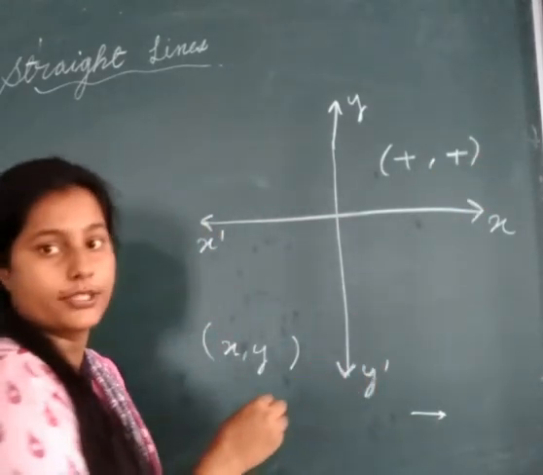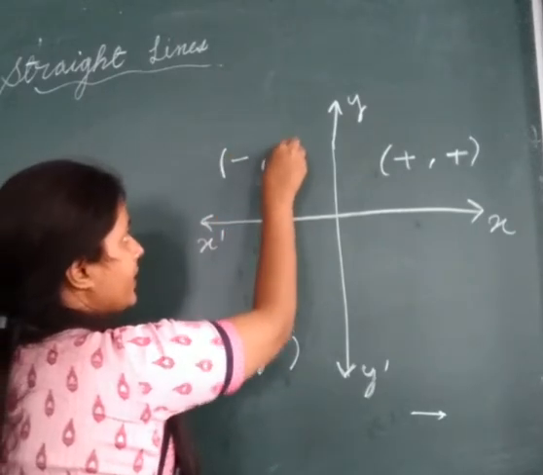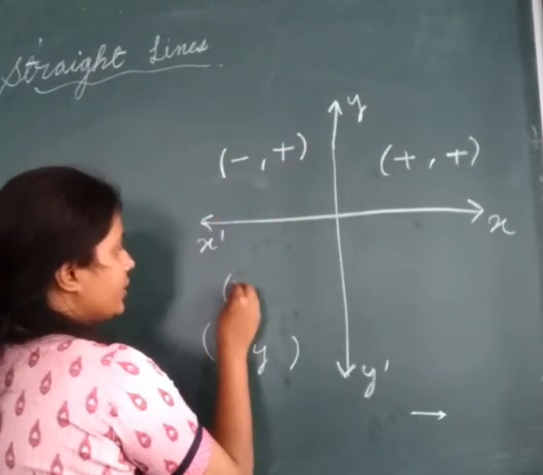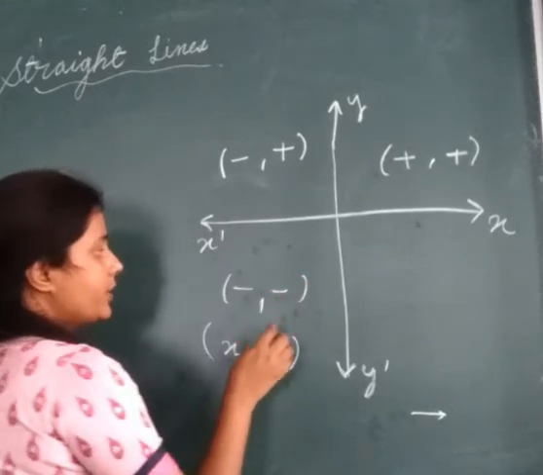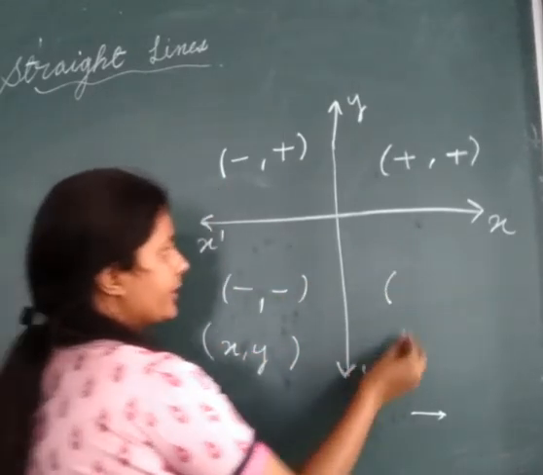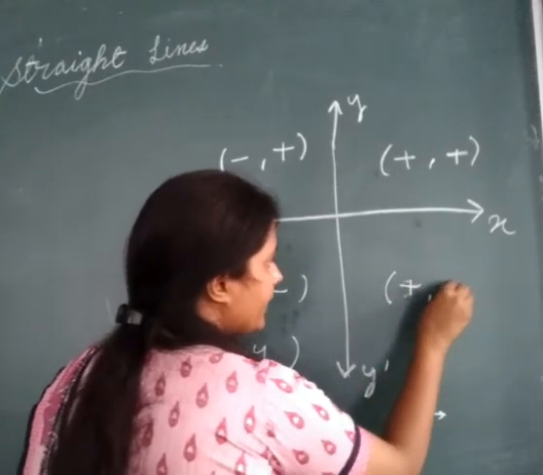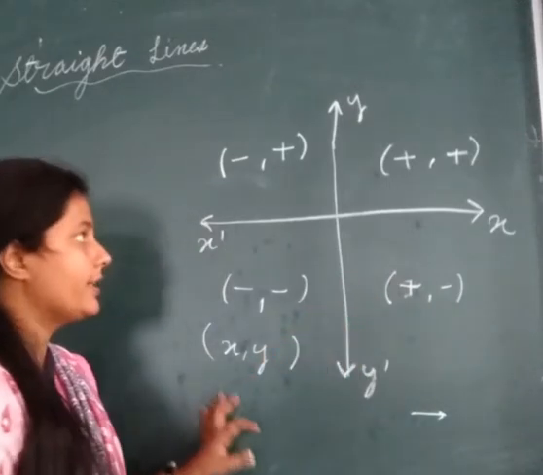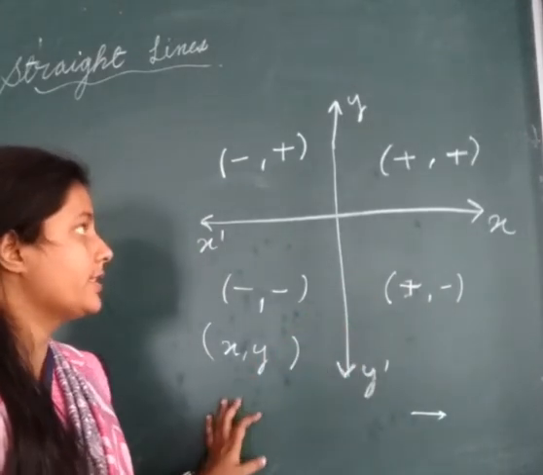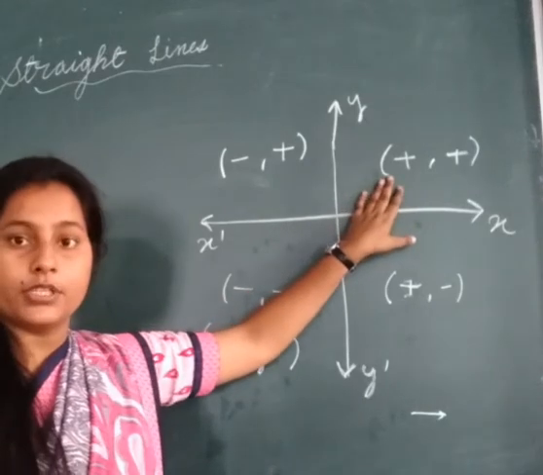also positive. Similarly, in the second quadrant x is negative, y is positive. In the third quadrant both the terms in the ordered pair x, y are negative. In the fourth quadrant, x is positive and y is negative. So let us suppose that we are given some points. If the point is 2, 3, then it will lie in the first quadrant.